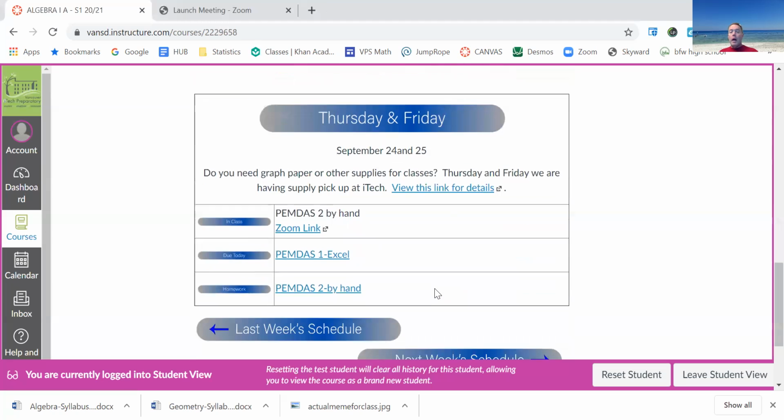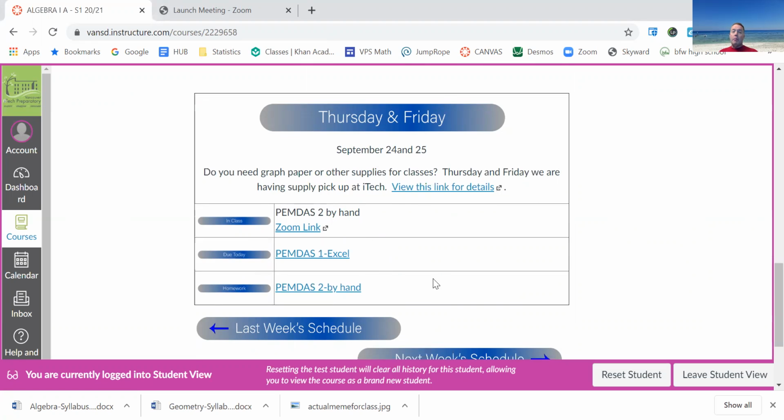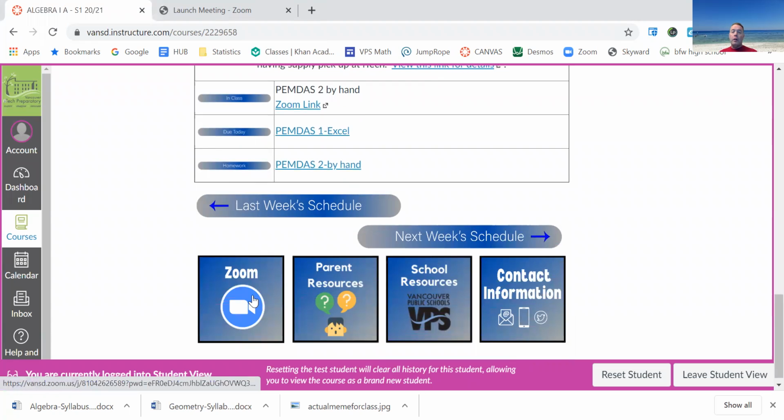All right. And then on the next block, same kind of format: what we're doing in class, what's due, and what the assignment is. At the bottom of the page, there are some links down here as well. This will take you to our Zoom links for the class. I also included it in the in-class line, so there are a couple of places where you can find that.